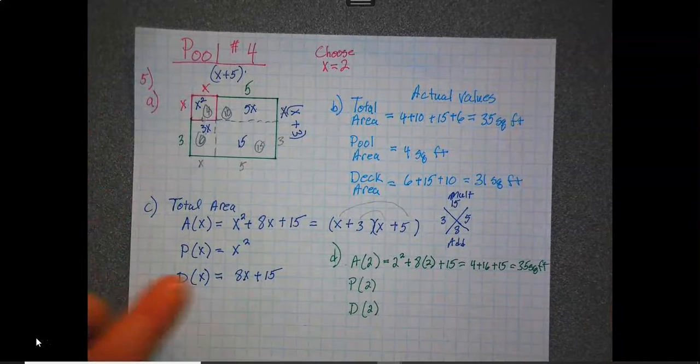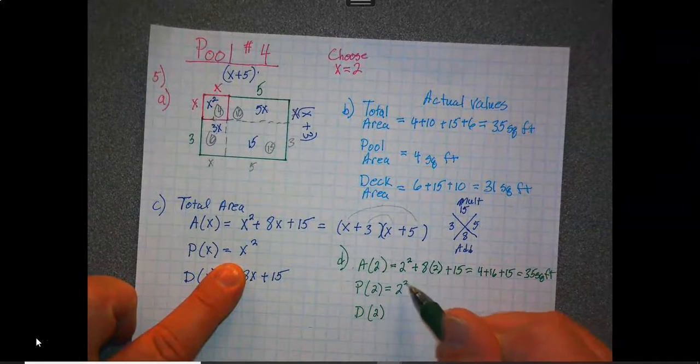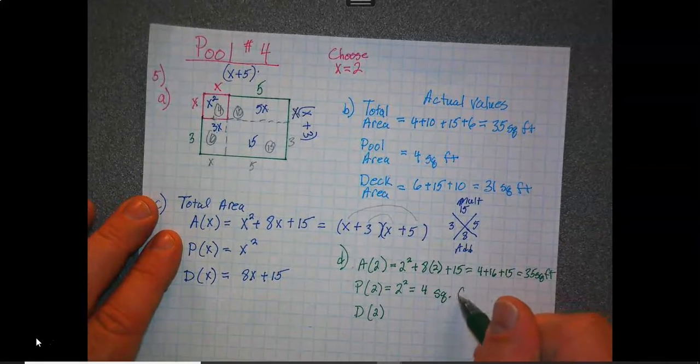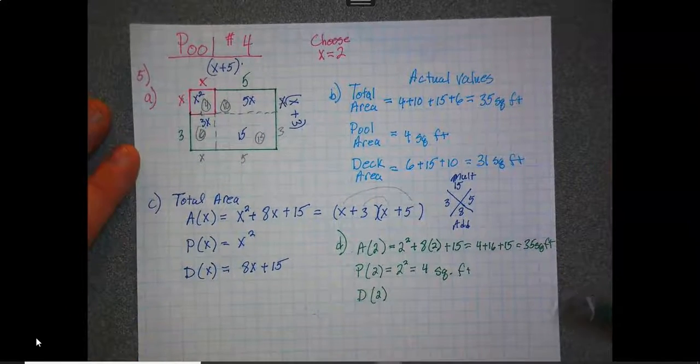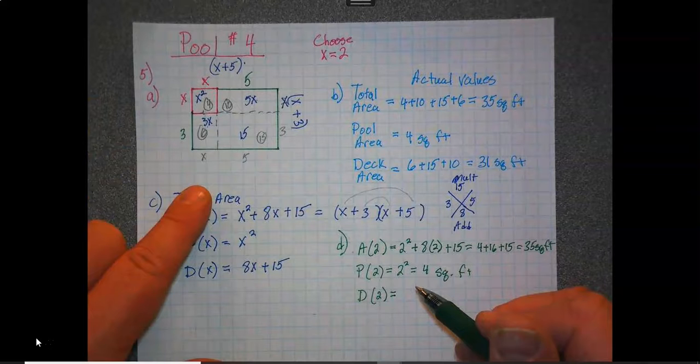And then p of 2, let's see, p of x is x squared, so this is 2 squared, which gives us our 4 square feet. And then the d of 2, our deck, what?